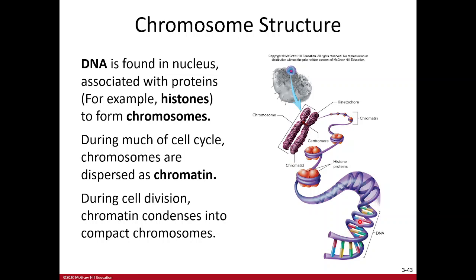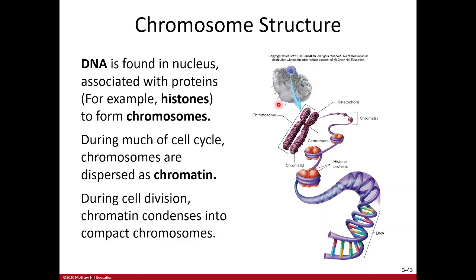So we have adenine and thymine that bind together, and then we have guanine and cytosine that bind together. And then during the cell cycle, which is basically the stage of the cells that is subdivided into periods, within the cell cycle, we have the chromosomes dispersed in the nucleus as chromatin.